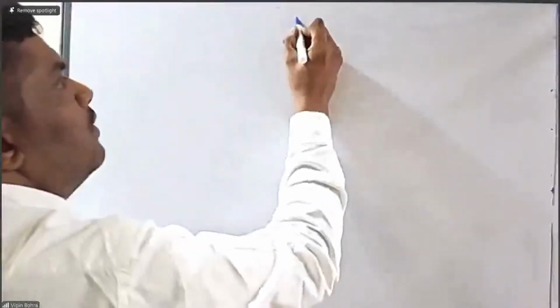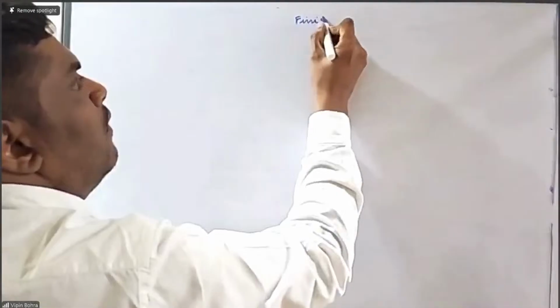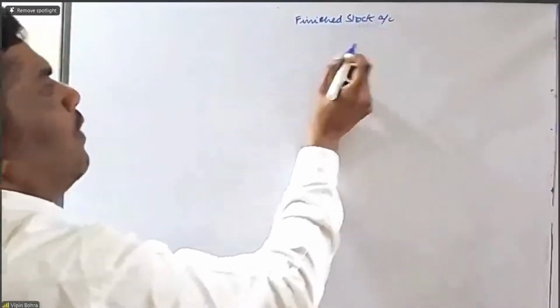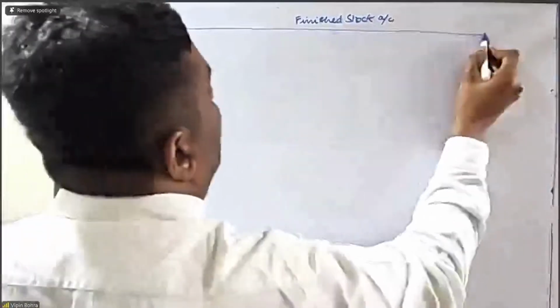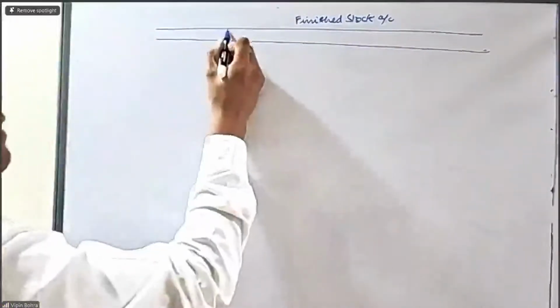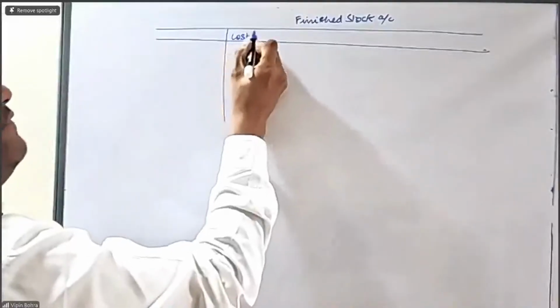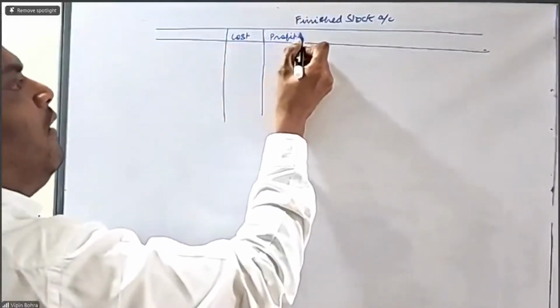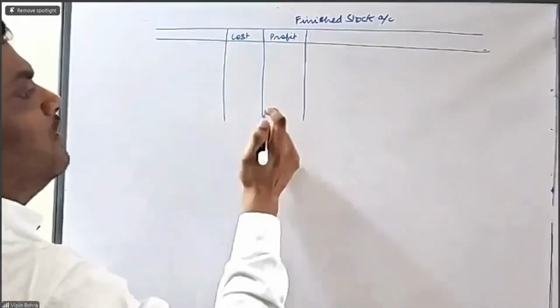Let's proceed further with the preparation of finished stock account also for better understanding of the concepts. Again, the same way: first cost, second is profit, and third is total.